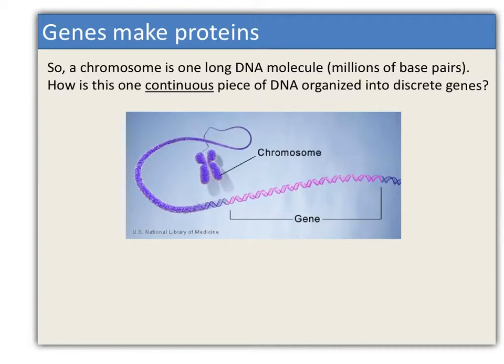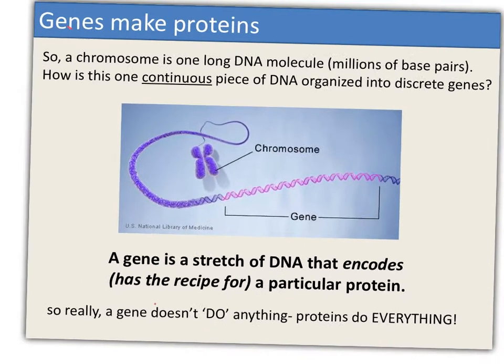Now, this is a homologous chromosome, of course. So, one from mama, one from papa. Here's the gene. You want to duplicate.